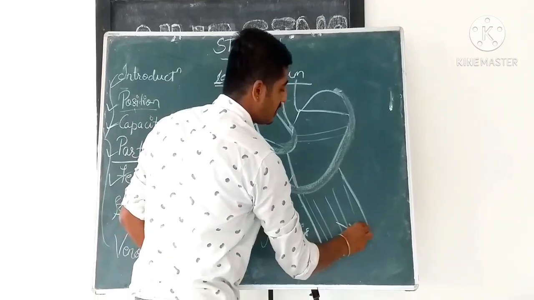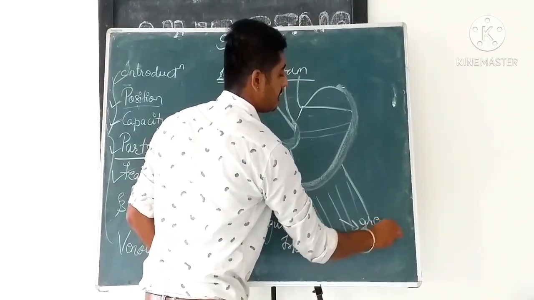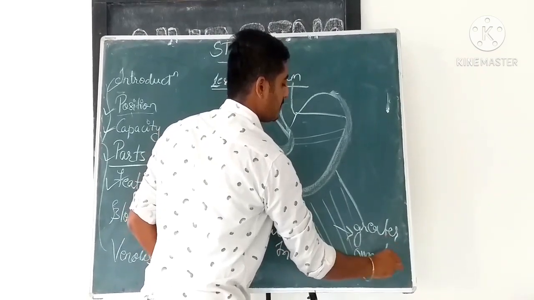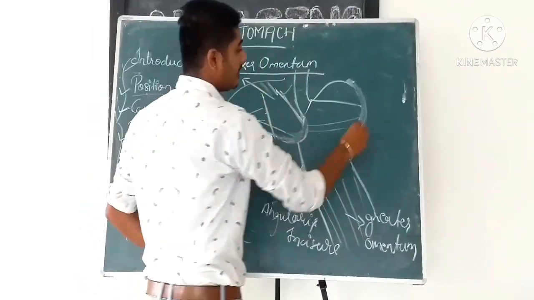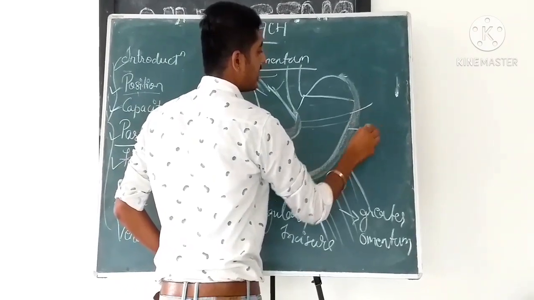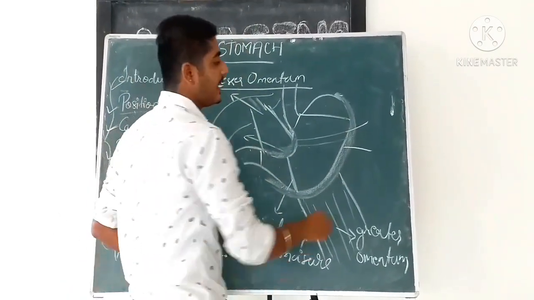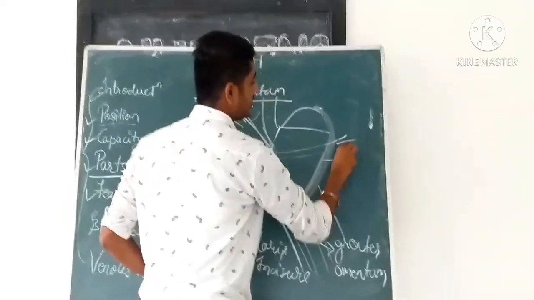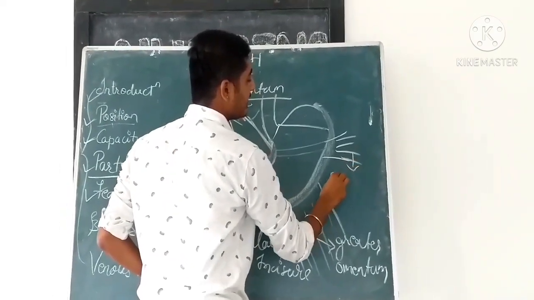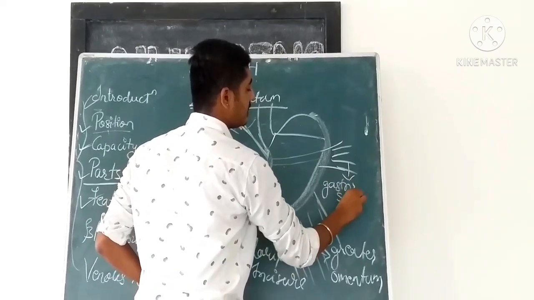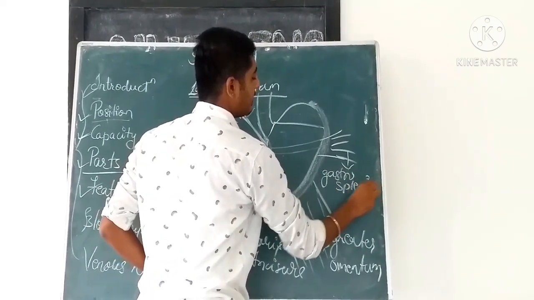So this is the greater omentum. And this side it gives attachment with the gastrosplenic ligament. So this is your gastrosplenic ligament.